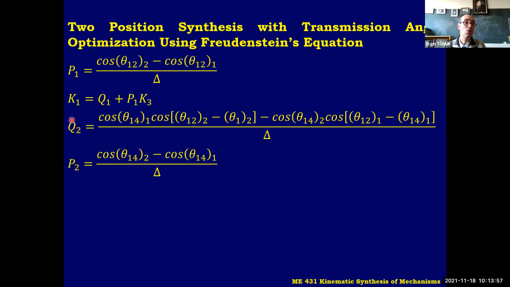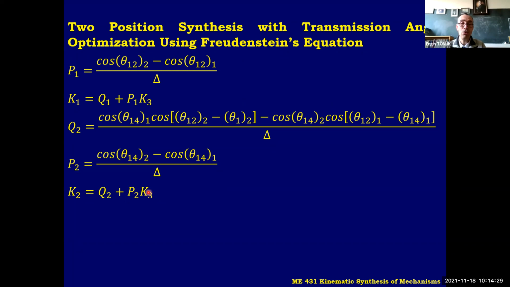You can also compute similar to P1 and Q1, Q2 and P2. Again, these are all known, delta is known. So these are two numbers depending on the positions, so that you can determine K2 in terms of K3 as a constant plus a constant coefficient times K3.